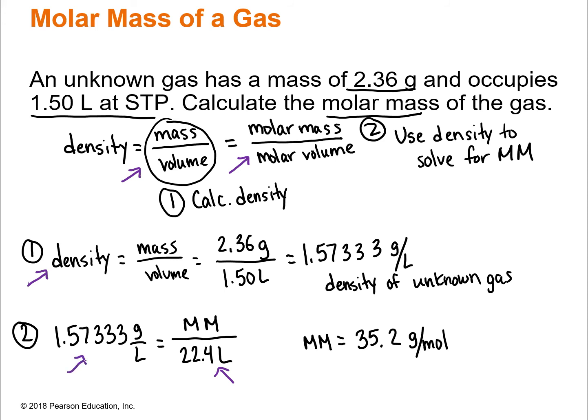We calculated our density using the given information, which means that we can solve for that molar mass. You multiply by 22.4 on both sides, and you should get 35.2 grams per mole.